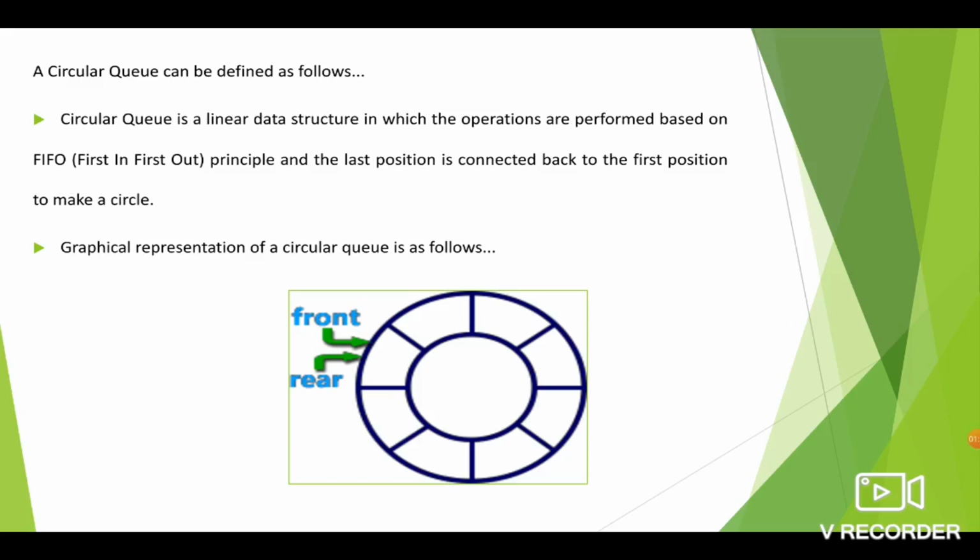Okay, so they are formed as a circle. The last element points to the first element. Always the insertion takes place at the rear end. The deletion takes place at the front end. Now the last position is again connected back to the first position. So that's why it's called a circular queue.